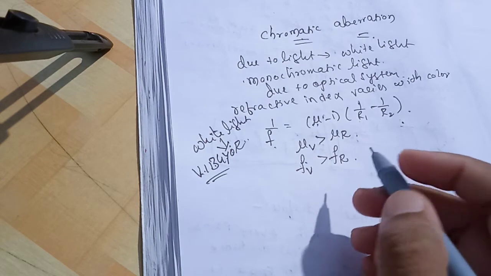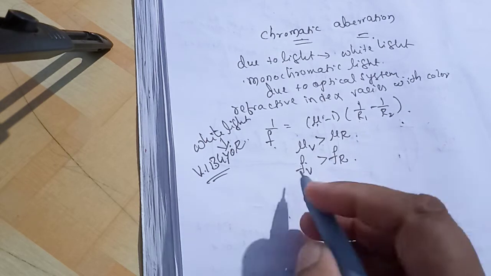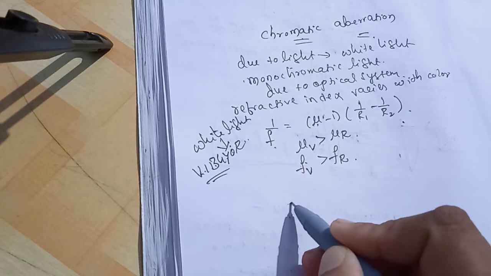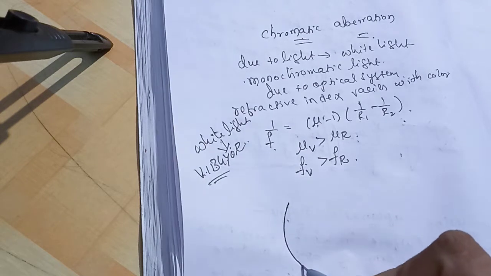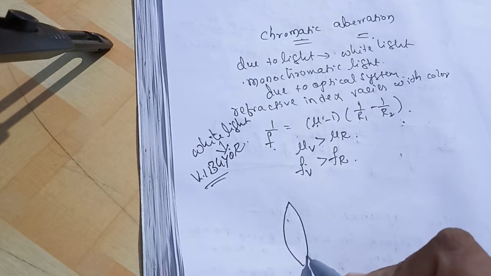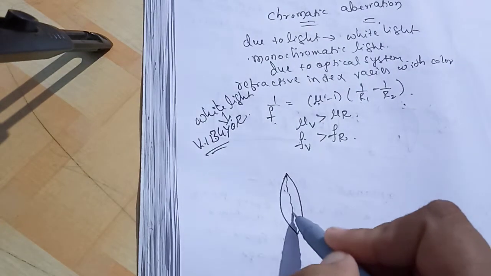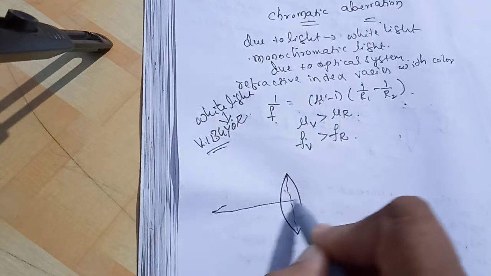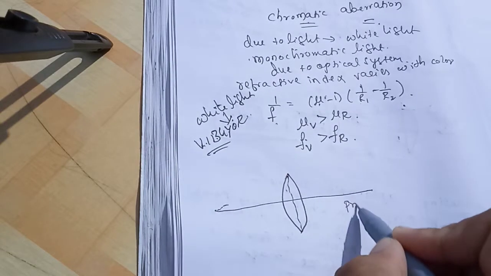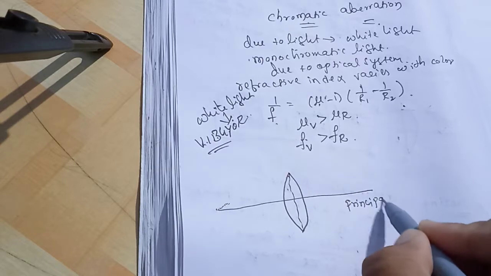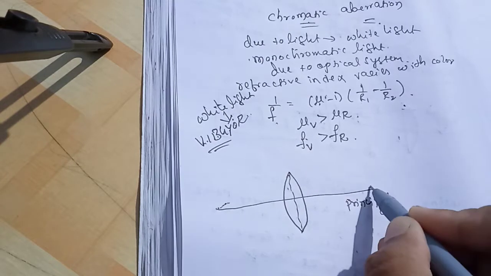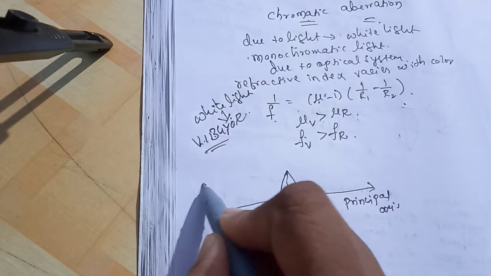So first let us take a convex lens. Now this is the convex lens. This is the principal axis of the convex lens, right?